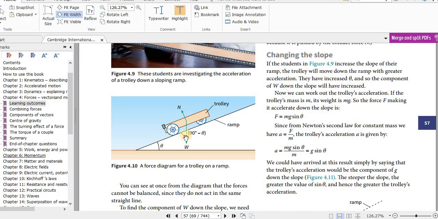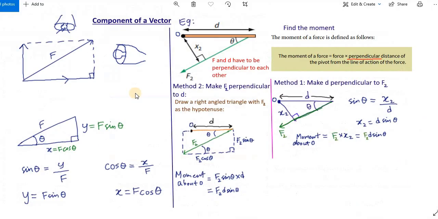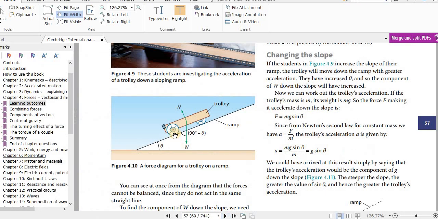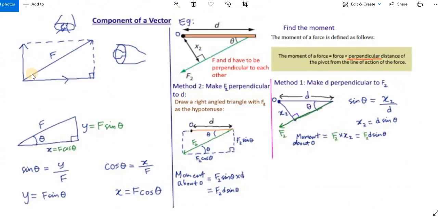Okay, and remember what we did here. So what you can understand is that you have this force, and with this force you can think of it as the hypotenuse of the triangle that will be formed when you resolve the force in the horizontal and vertical directions.